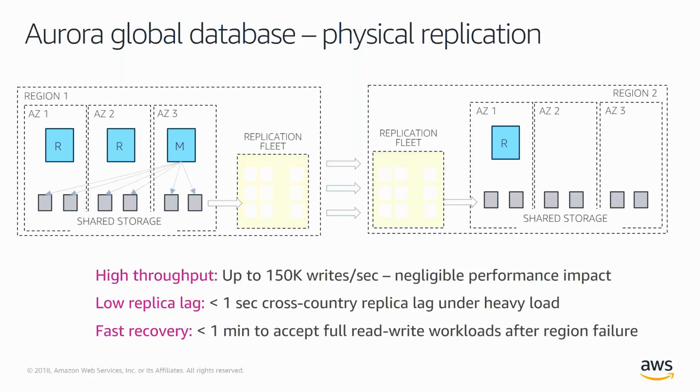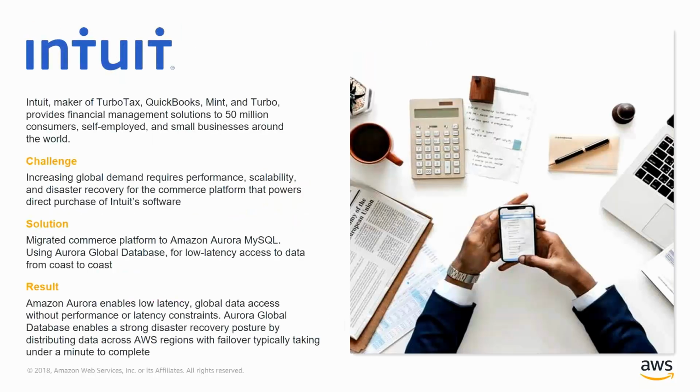So pretty powerful stuff. So let's talk about some of our customers that have benefited from some of these different technical innovations that we've released recently. Intuit, many of you have likely heard of Intuit and some of their bigger products like TurboTax, QuickBooks, Mint, and others.